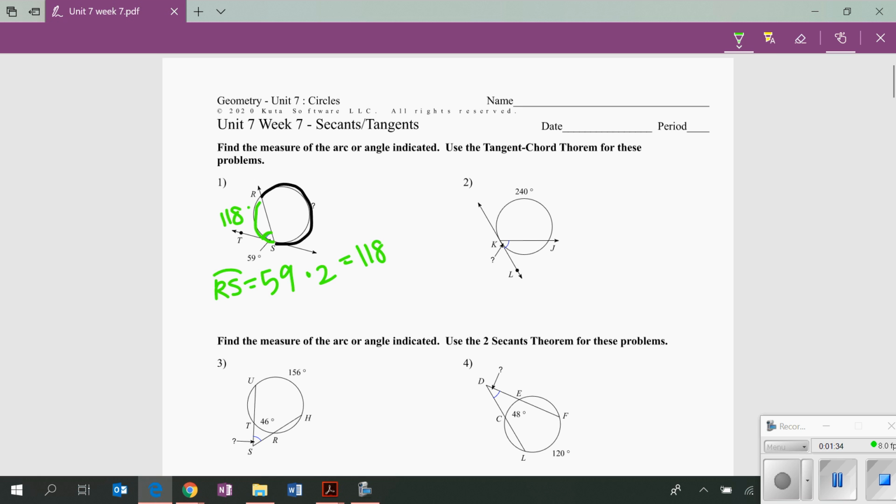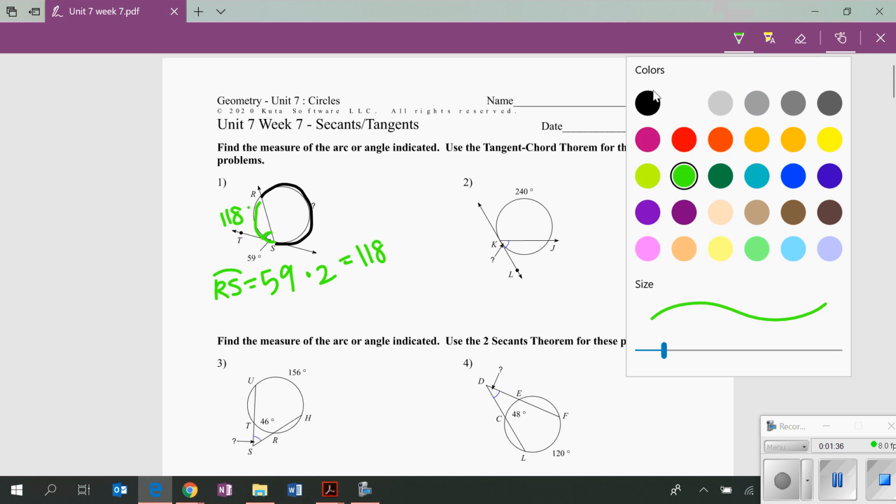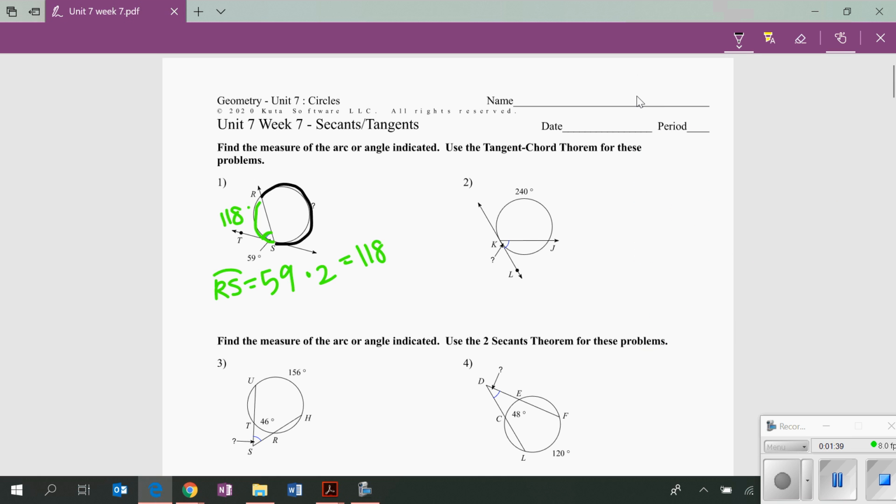But I'm looking for the other side, the major arc portion RS, and I'm going to need to find that by subtracting from 360. So I just take my 360 minus 118, and that's going to give me 242. Okay, and you're done there.